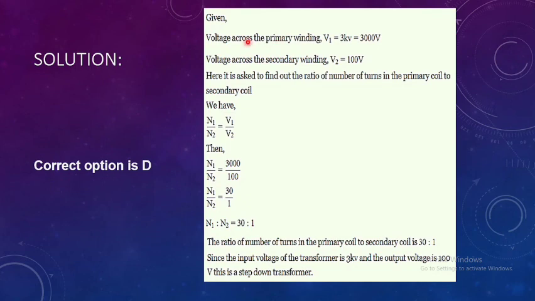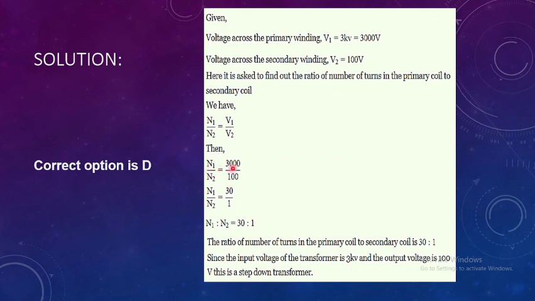So given the voltage across the primary windings, we have 3 kilovolts or 3000 volts. And for the secondary winding, we have 100 volts. So here we need to find out the ratio of the number of turns in the primary coil to the secondary coil. So we have N1 divided by N2 is equal to V1 divided by V2. So then substitute.